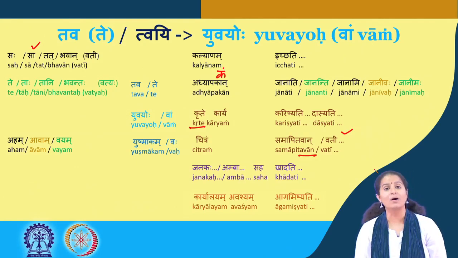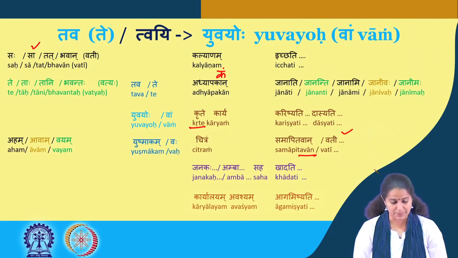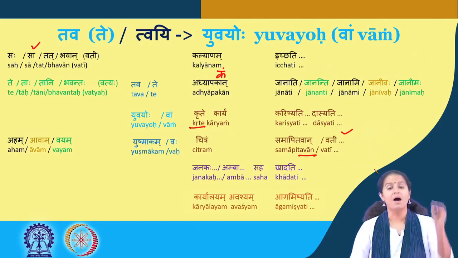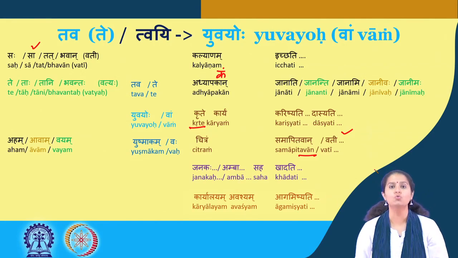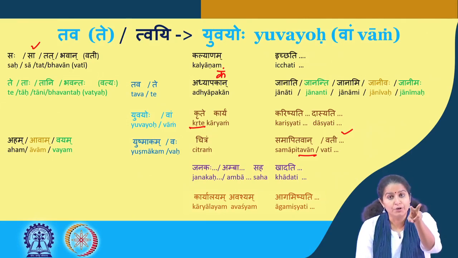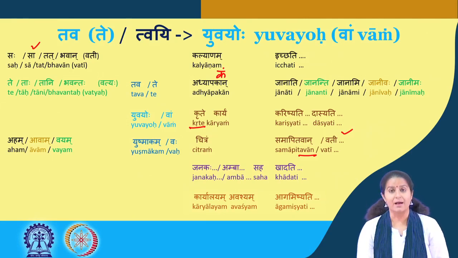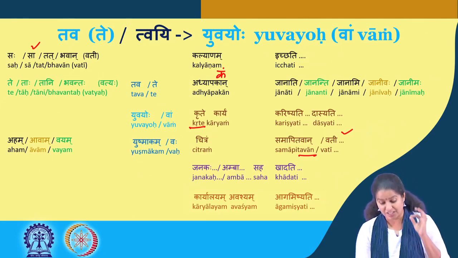And the final one in this table is karyalayam avashyam agamishyati, will definitely come to the office. Whose office? So, sa tava karyalayam avashyam agamishyati. Sa yuvayoho karyalayam avashyam agamishyati.